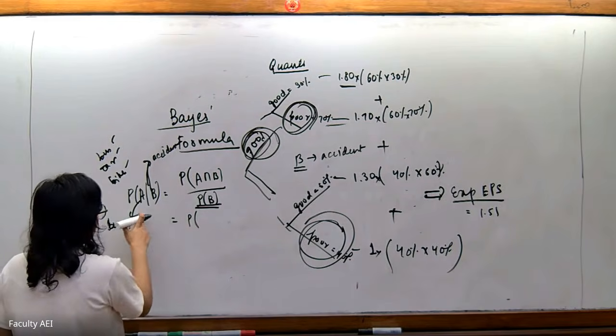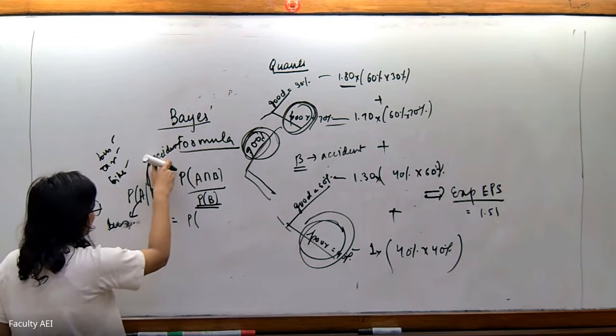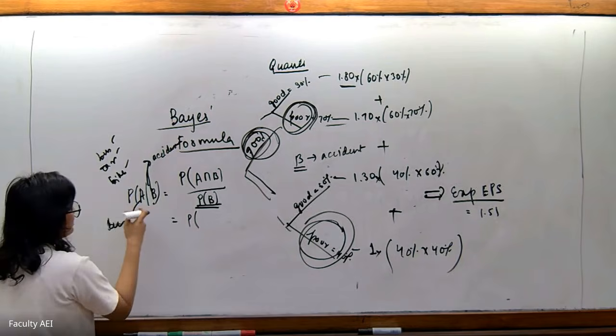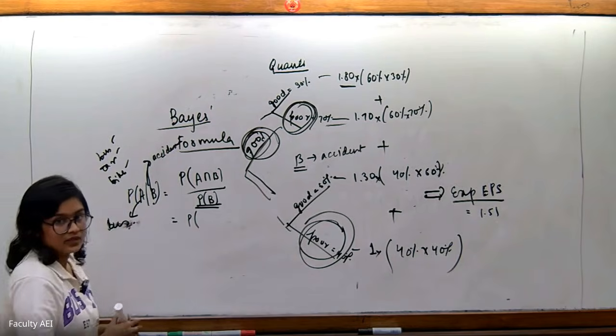Now the question is, what is the probability that the accident has happened and it has happened because of bus? That is probability A given B. That would be probability of A in the intersection part.